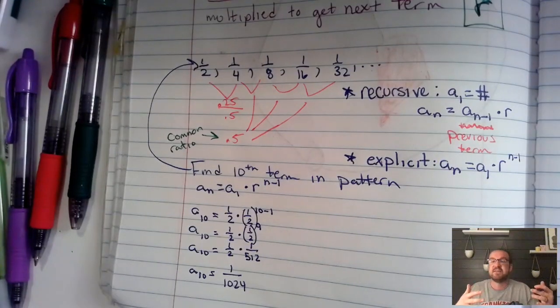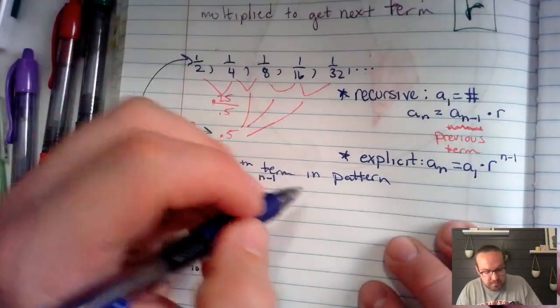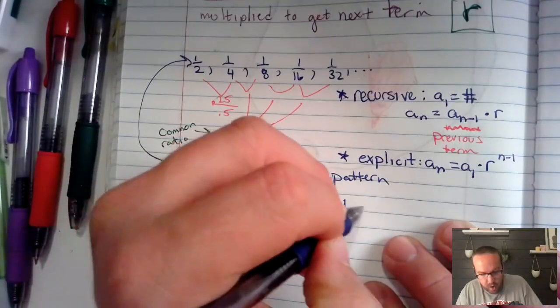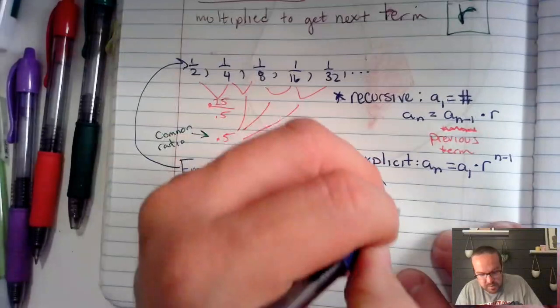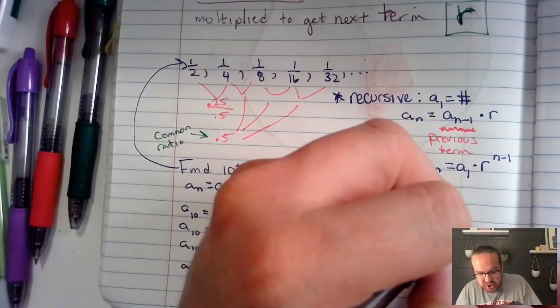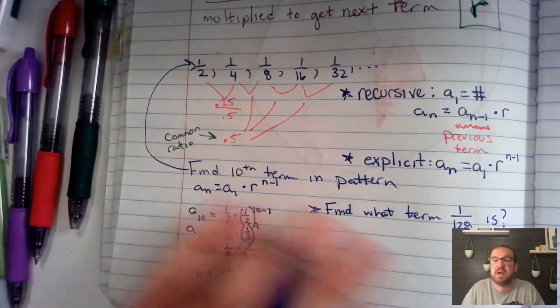Maybe this is not that hard for what you're thinking, but I want to maybe find what term 1/128 actually is. That might be another type of question that you might see.